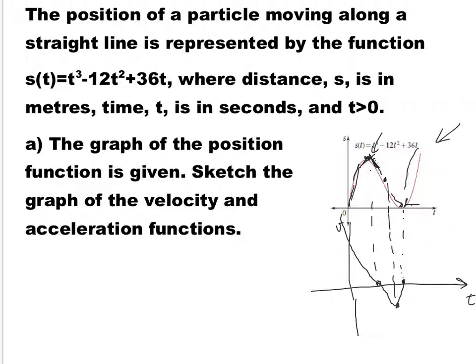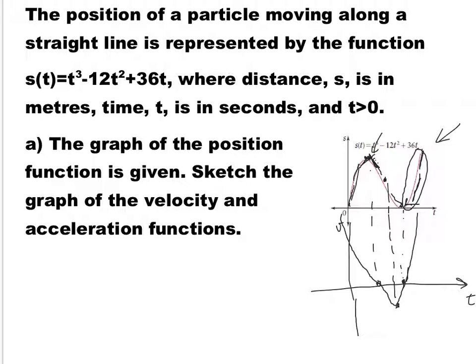Now if we look at this part of the graph, again the same idea. If we draw the tangents here, you can see that the tangent is going to have a positive slope, which corresponds to the positive values in the velocity graph, which is going to be above the t axis. So it's going to be something like this one. So this is approximately how the velocity graph looks when we are given the displacement graph.